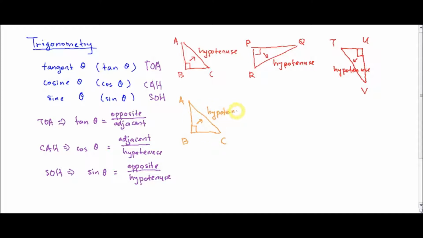I told you about this just now. So where are the opposite side and the adjacent side? It depends on the theta, on the angle. If the angle theta is here, then here will be the adjacent side, and this will be the opposite side.